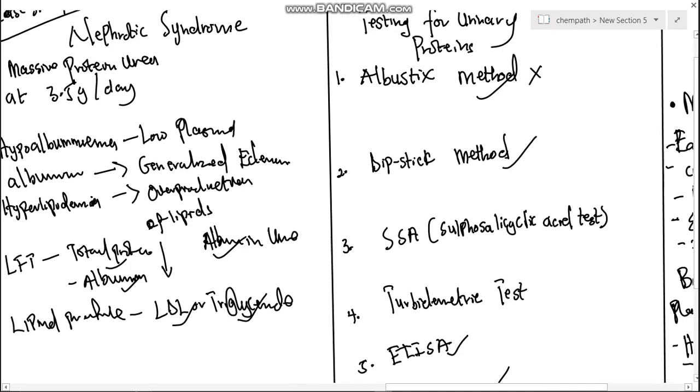It's only a few that are quantitative. A qualitative test either gives a color indication or a positive or negative result, for you to determine whether there is a presence or absence, but it doesn't give a quantitative measurement of the amount of protein found in the urine.